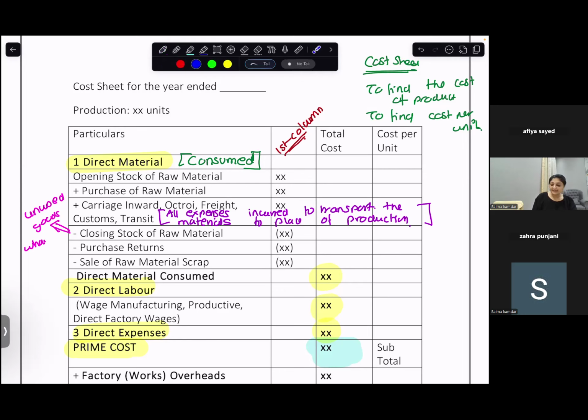What all is that? It is carriage inward, octroi, freight, customs, transit. All these expenses are added.